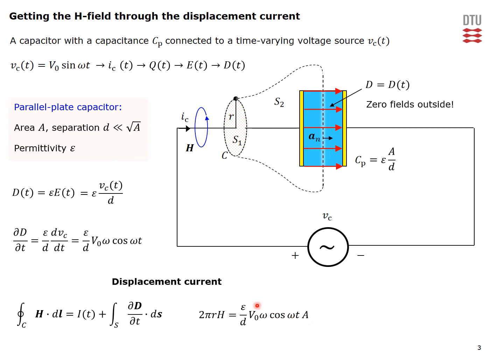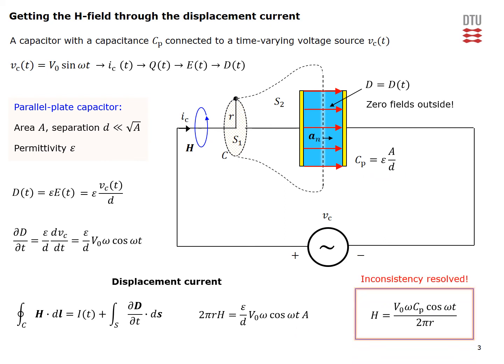Now we have epsilon divided by the separation distance times the area of the capacitor plates, and for a parallel plate capacitor this gives you the capacitance, so you can plug it inside here and finally derive the very same result for the magnetic field intensity, now on account of the displacement current density, as we have done on the previous slide on account of the conduction current flowing through these wires.